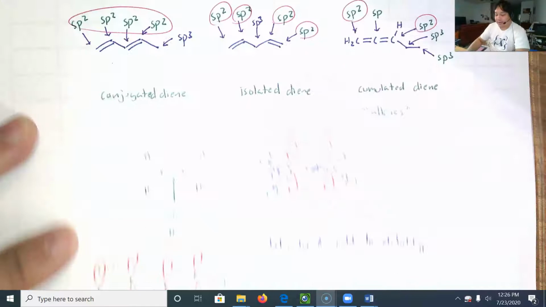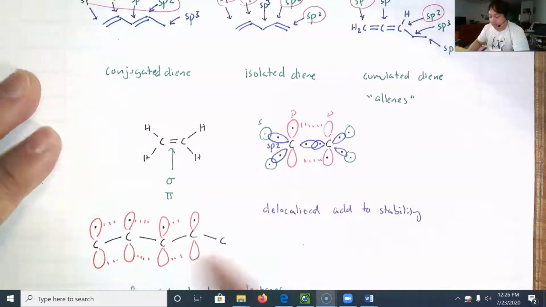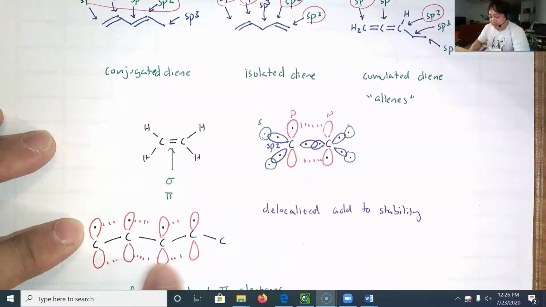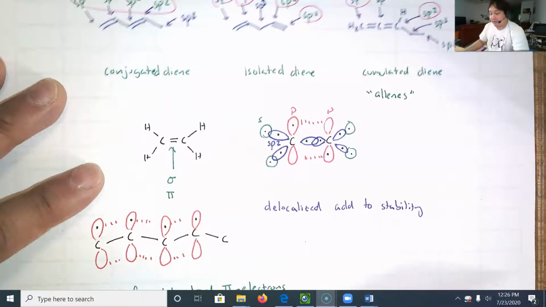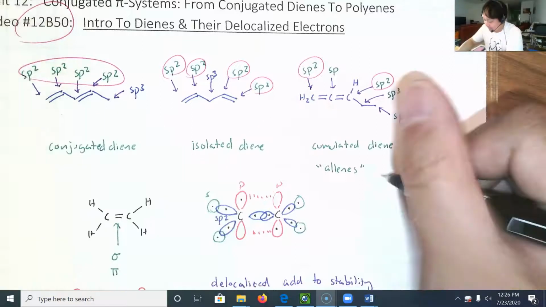I mean, we did already a cartoon drawing for ethene and a cartoon drawing partially to show the p orbitals overlapping in a conjugated diene. This accumulated diene is odd because you have an sp carbon in the middle. What does that look like?